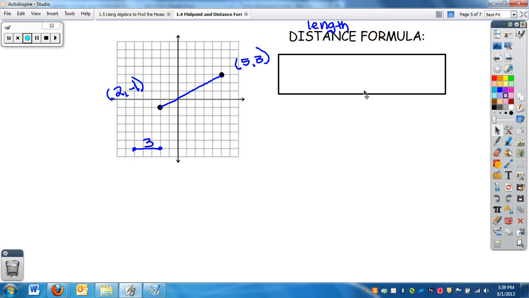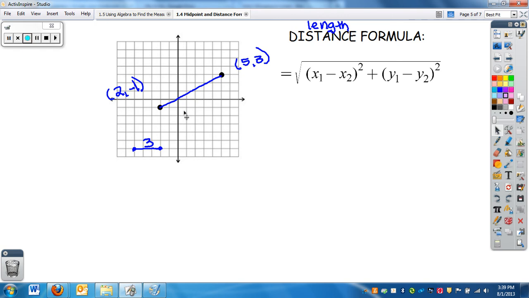I'm not going to go into too much detail about where this is coming from, just based on what we've already learned. When we get to the point where you can actually apply it and figure out why the distance formula is the way it is, I will point it out. But the distance formula looks like this. To get your distance, you subtract the x's squared, and then you subtract the y's squared. And it doesn't matter what order you do.